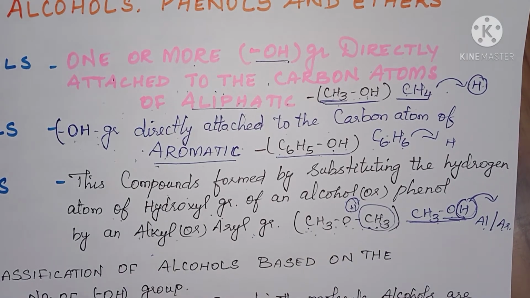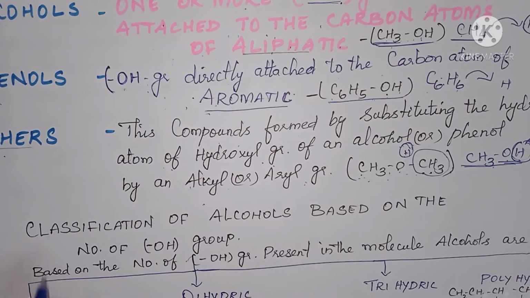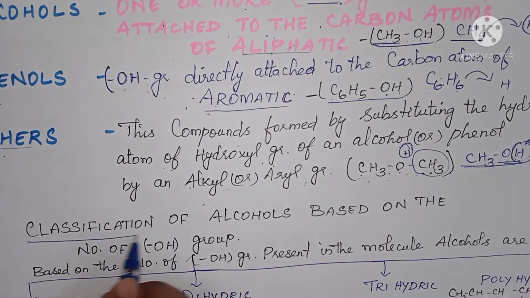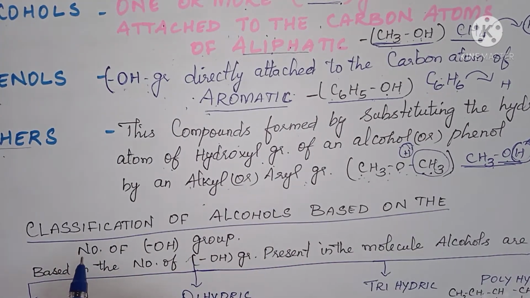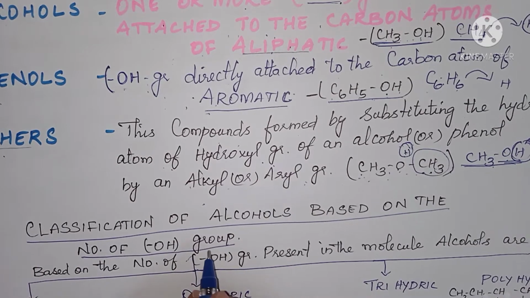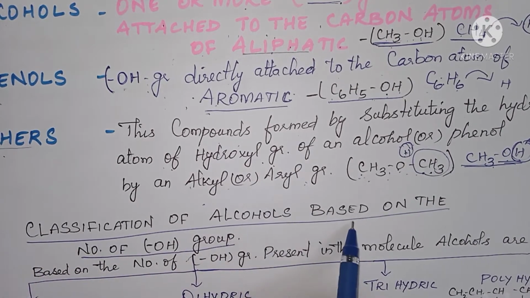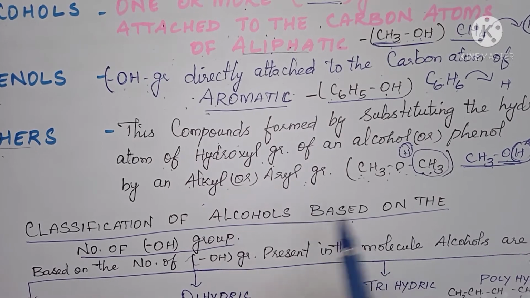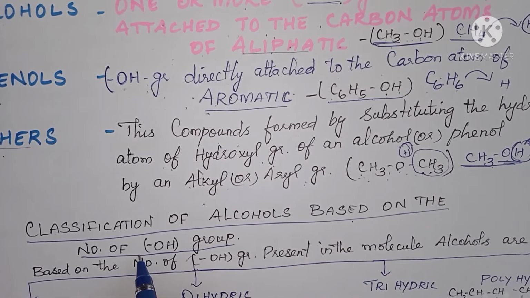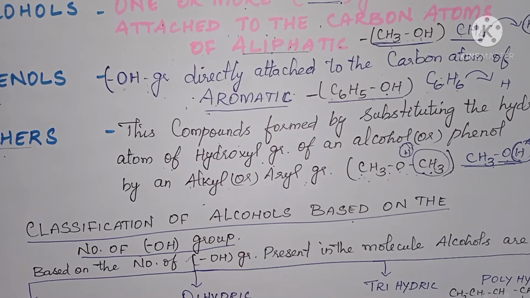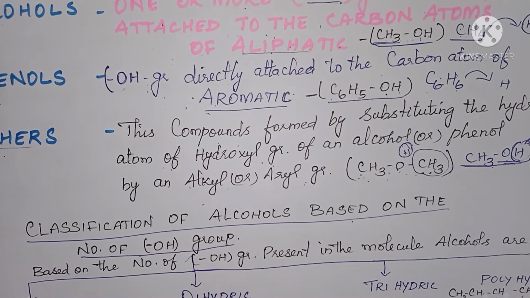Okay. Next one, classification of alcohols based on the number of hydroxyl groups. How to classify the alcohols based on the hydroxyl group? Usually one hydroxyl group will sit there, or two, or more than one also.